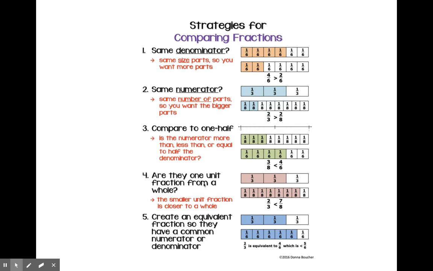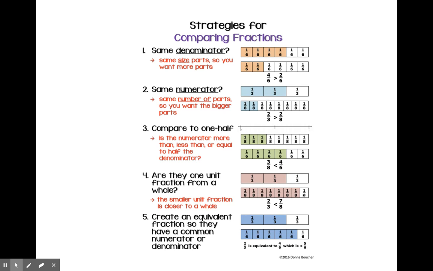And then remember how we talked about if both of them are 1 unit away. The fourth one was a little tricky for some. So the smaller unit fraction is closer to the whole. What that means is, say that Jackie ran 2/3 of a mile, and Amarian, the birthday boy, happy birthday, ran 7/8 of a mile.